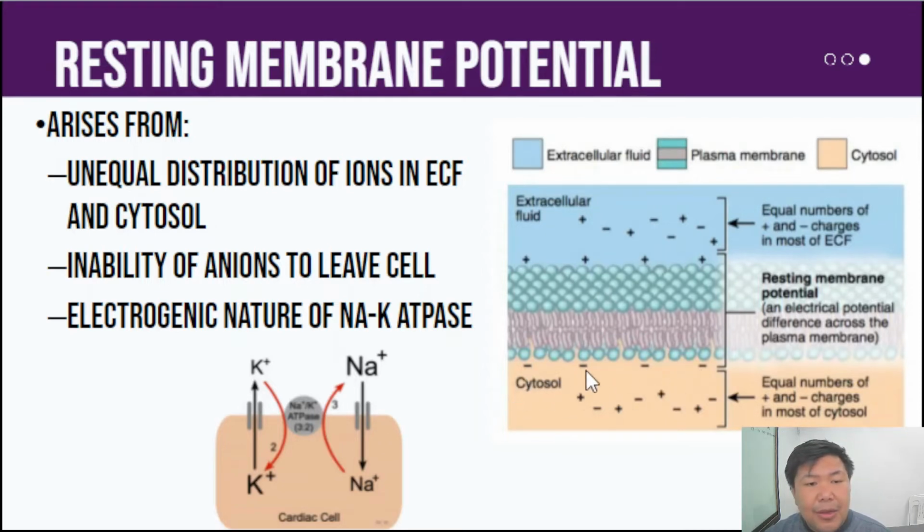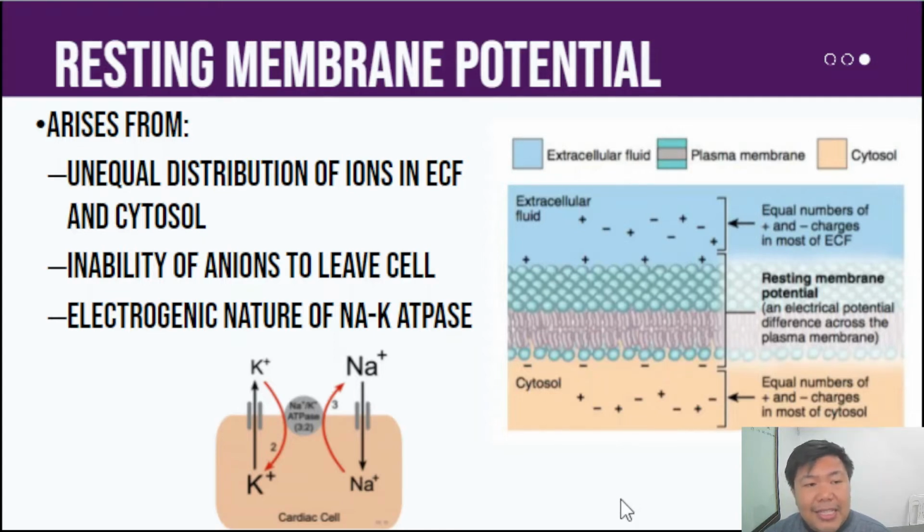And why is that? Because your sodium is more intensely positive. Other than that, other factors that contribute to the formation of your RMP are the inability of anions to leave the cell. When we say anions, these are negatively charged particles. So basically, the negatively charged particles inside cannot go outside, so the inside stays negative. They have no capacity to leave the cell.